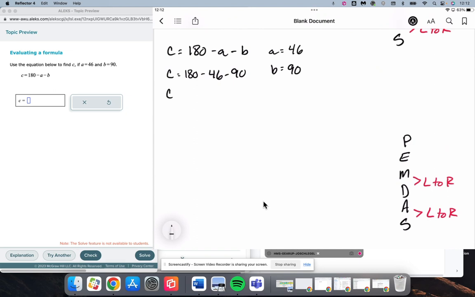So looking for order of operations, the only thing we have is subtraction. So I will do this first set of subtraction first. Gives me 134 minus 90. Subtraction is all we have left, which is going to give me 44.